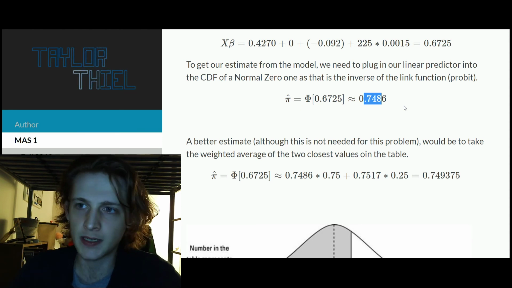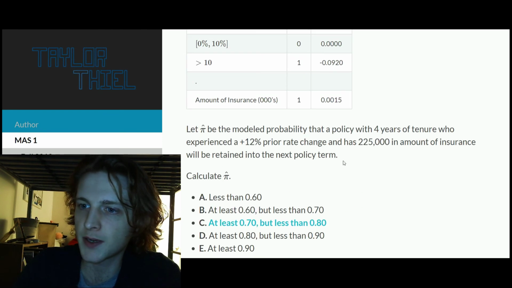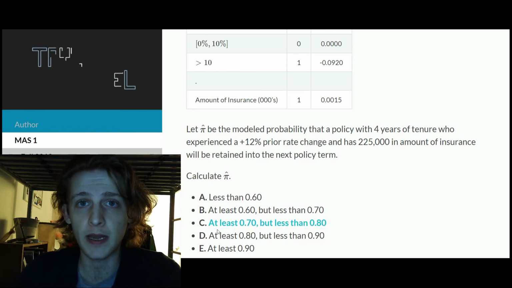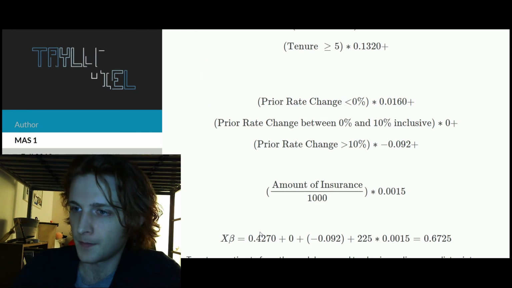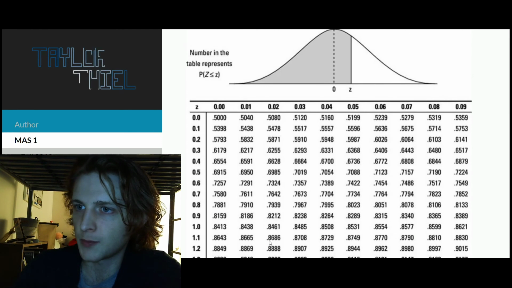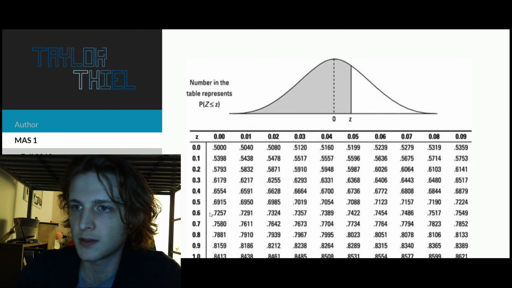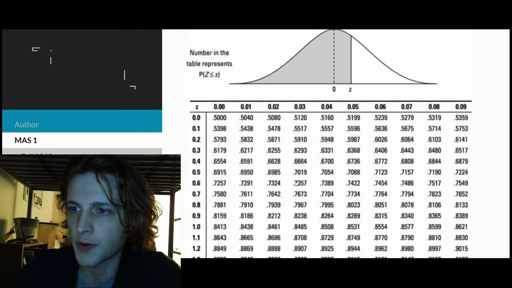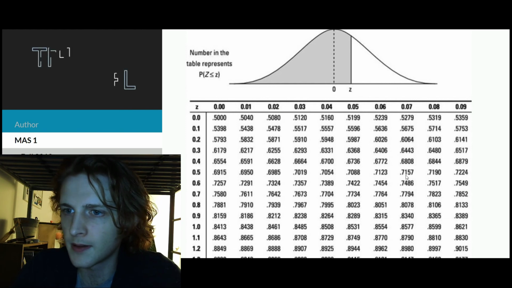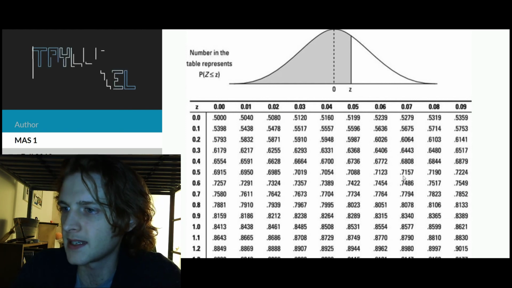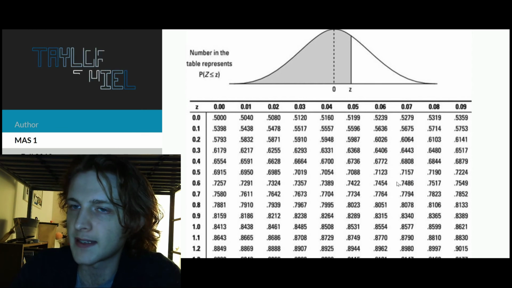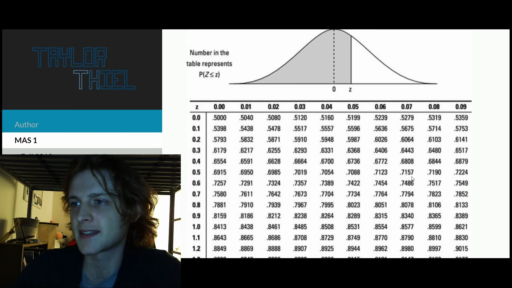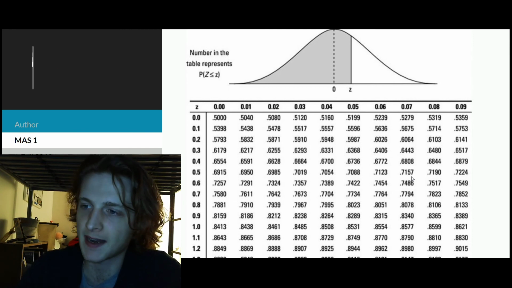And when we scroll back up to the ranges for this question, the range is all the way from 0.7 to 0.8. And I'm pointing this out because when you go to your z-table for this question, you say 0.6725, so 0.6, 0.7, and here we see this 0.7486, but it's actually 0.6725, so it's not exactly right.